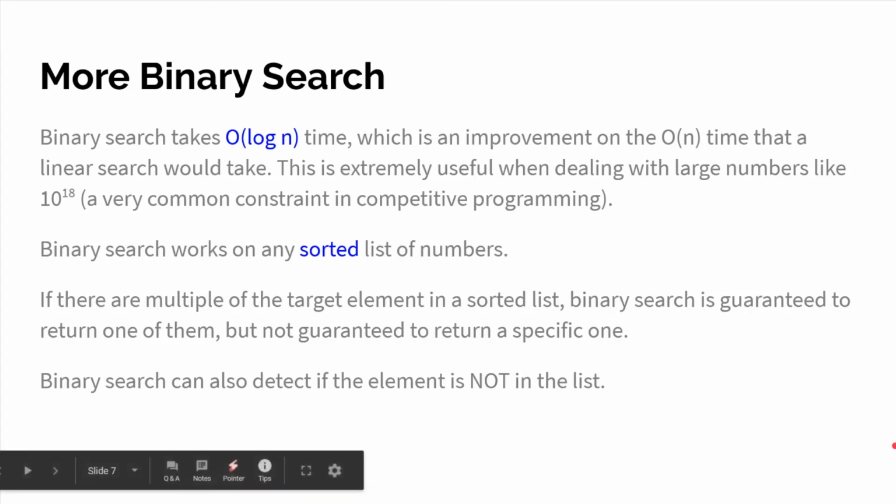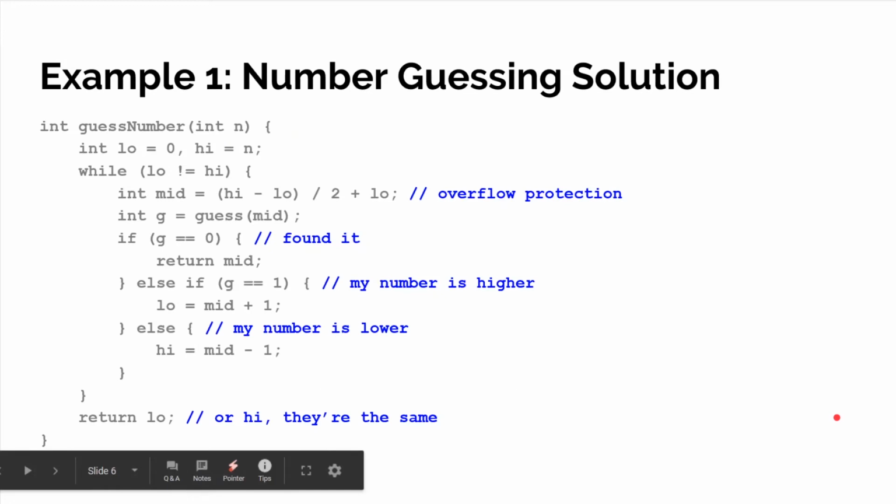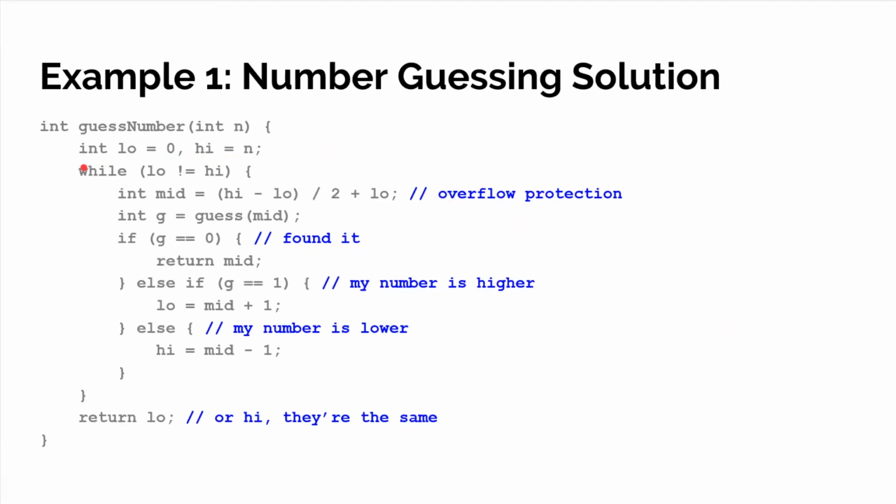And finally, binary search can also detect if the element is not in the list. What do I mean by this? If you think about our original solution to number guessing, we were searching through all numbers from 0 to n, right? So no skips in between. So we can just use while low is not equal to high.